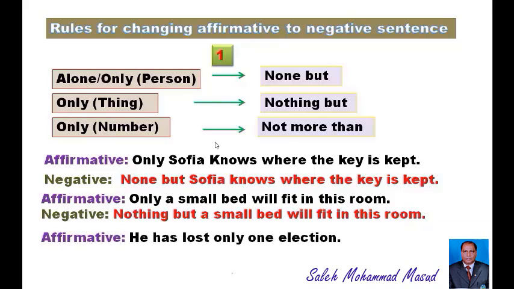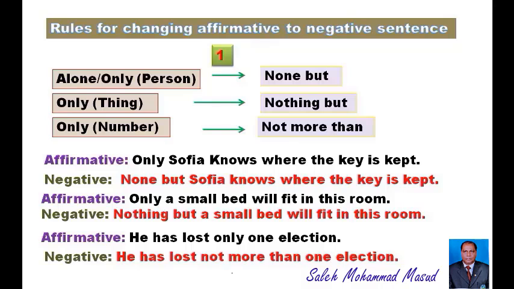Next, he has lost only one election. Here the word only points to the word one, which is a number. So for changing, we have to use not more than. And the answer would be, he has lost not more than one election.